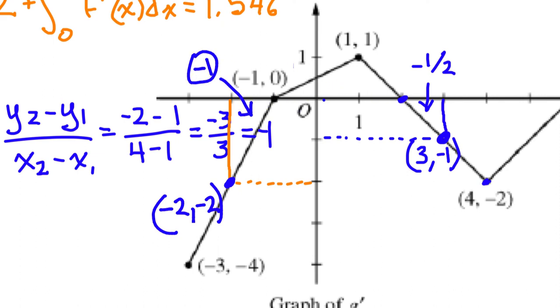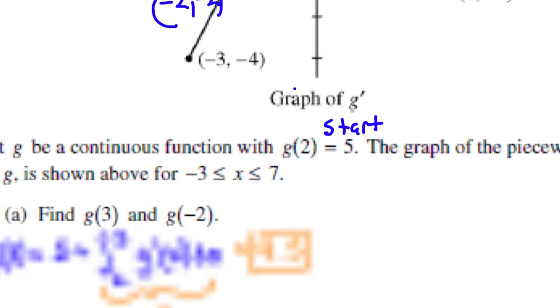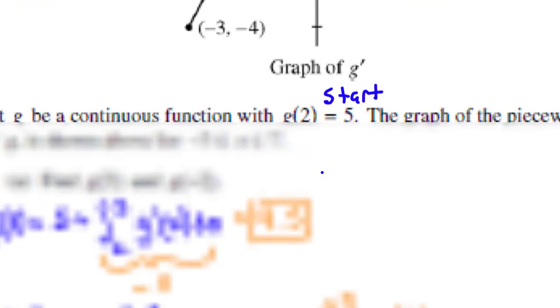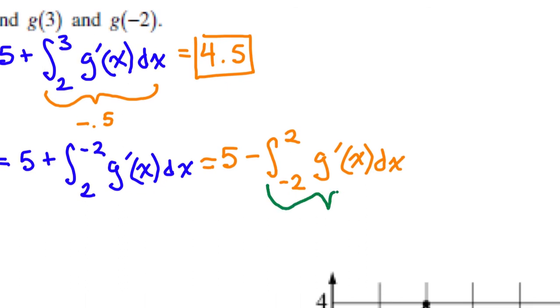This area up here, it's 3 times 1, which is 3, so 1.5 for the area of that triangle. I'll circle that. So I have a -1 and 1.5. That means I have a total area of just 0.5. This integral is 0.5. 5 minus 0.5 is again 4.5.